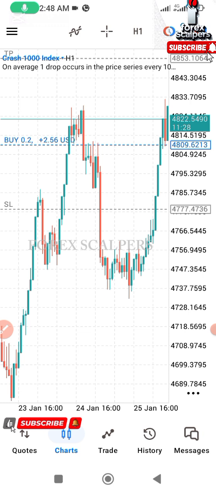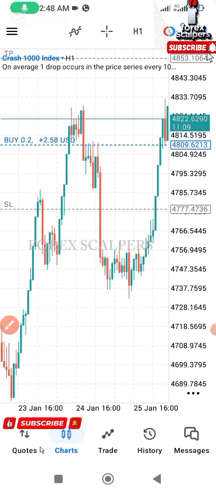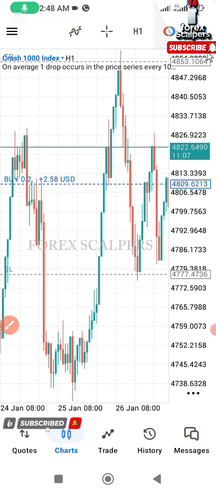So looking at this scenario, price is in an uptrend. We have a higher low. This is our higher high. This is our higher low, and then we have a new higher high somewhere here. Okay, so you can see that for yourself.